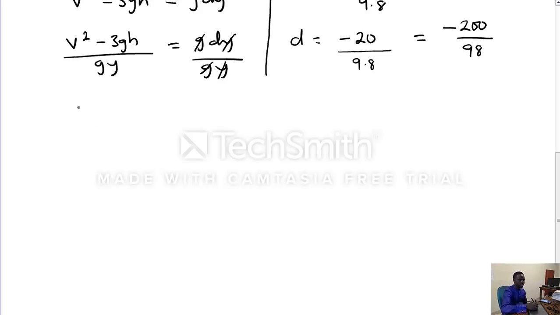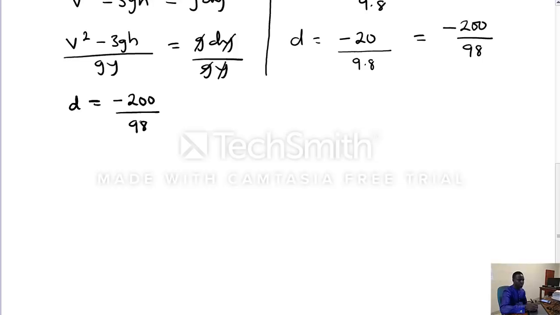Then I'm going to simplify it further to its simplest form, which will be D is equal to, let me write it, minus 200 divided by 98. And what can divide 200 and 98?